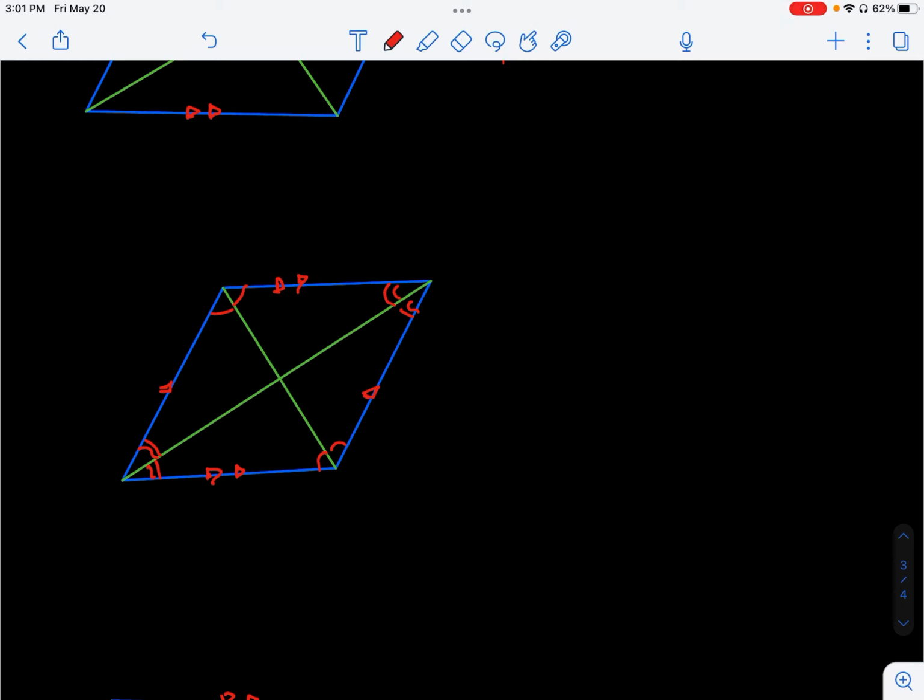Here we have diagonals, and what we know is that a parallelogram is a rhombus if and only if each diagonal bisects the opposite angles.